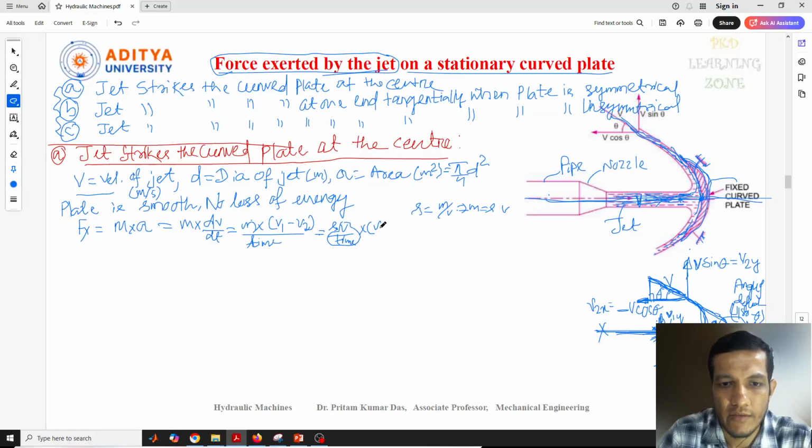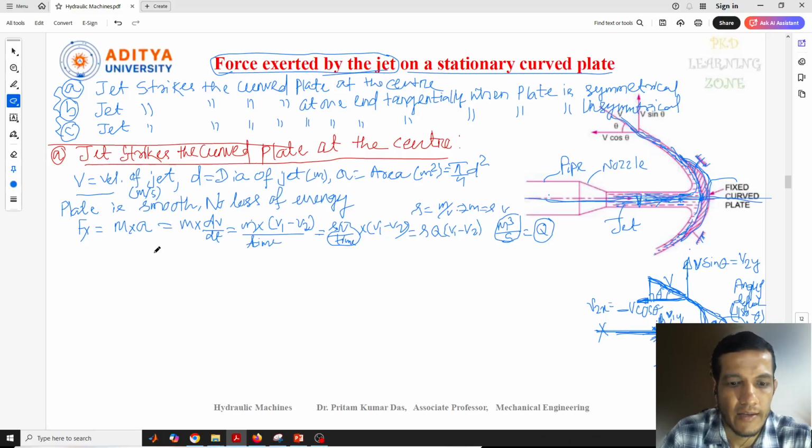Volume by time, in units of meter cube per second, is nothing but the discharge Q, the amount of water coming out with respect to time. So we can write rho Q into V1 minus V2.